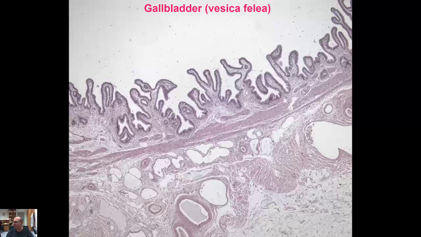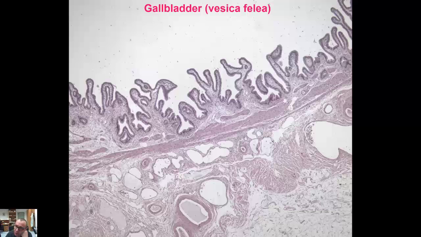Gallbladder and extrahepatic bile ducts are hollow organs having a wall composed of 3 layers. There are 3 layers of the wall, so it is a reduced number of layers compared to the main stream of the digestive tract, where there are 4 layers.